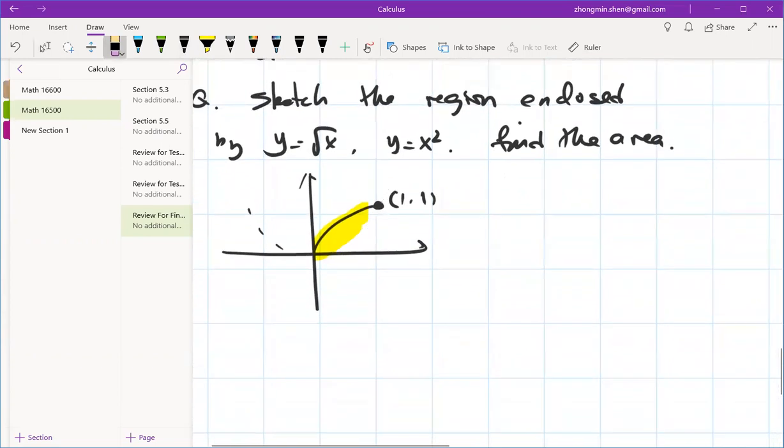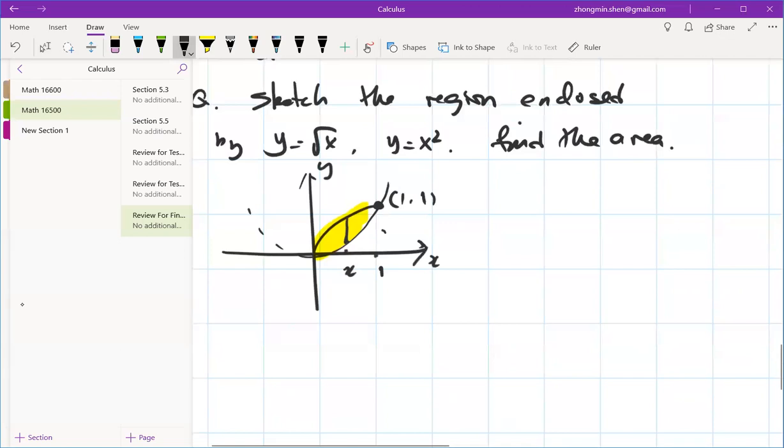Okay. For practice, I just want to set up the integral in this case. I want to use the vertical lines. If I use the vertical lines to cross, that will be x.